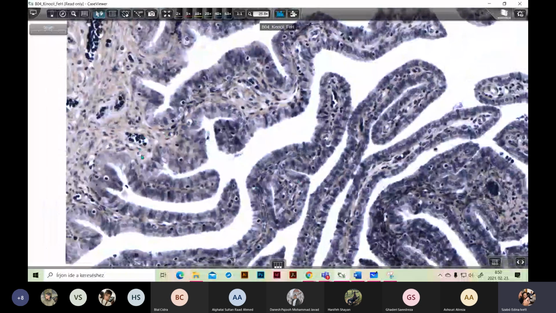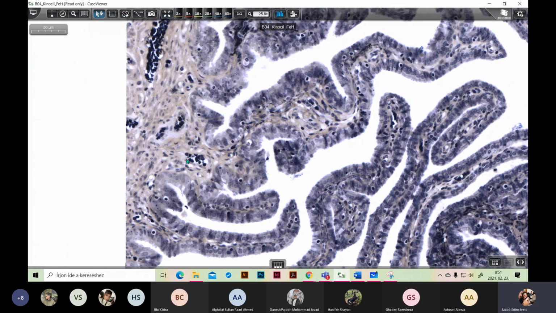So, under the superficial epithelium, the surface epithelium, you can find the connective tissue here. And in this connective tissue, we have many vessels. You see these vessels. And in the lumen of vessels, you can find the red blood cells. These are red blood cells, for example, here.